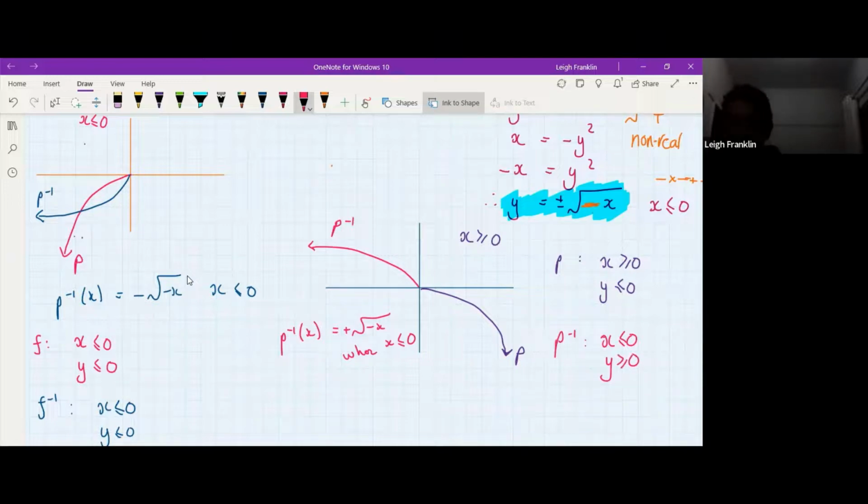So again, your domain becomes your range and your range becomes your domain. That's why here my domain says where x is greater than or equal to 0, and that's why here my range says where y is greater than or equal to 0. Similarly, over here where I said my range was smaller than or equal to 0, that's why for my domain over here I'm now saying where x is smaller than or equal to 0.